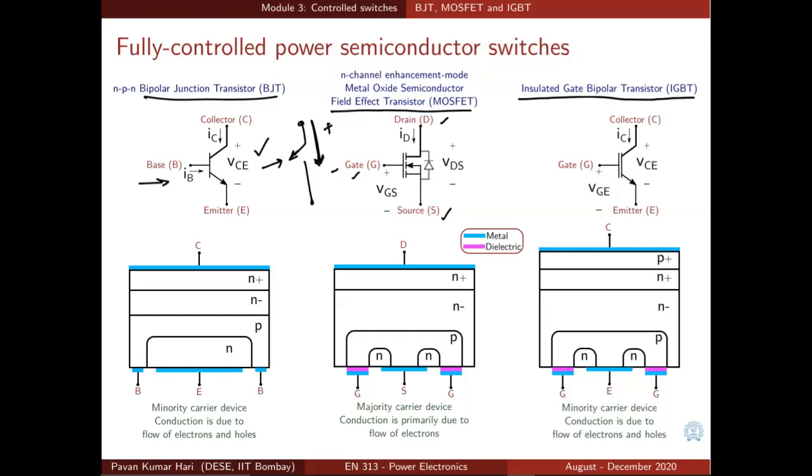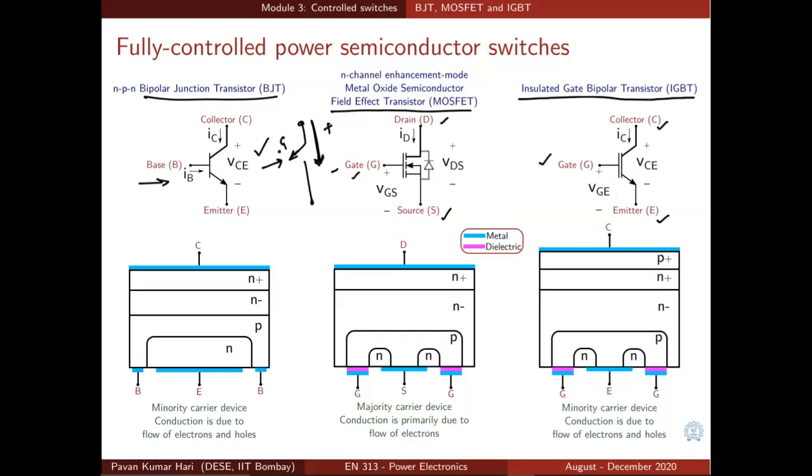But to command the switch to turn on or turn off, we need another terminal that is called control terminal. So the third terminal is control terminal. It is gate in the case of MOSFET and it is base in the case of BJT. IGBT is also a 3-terminal device. It has collector, emitter as the power terminals and gate is the control terminal.